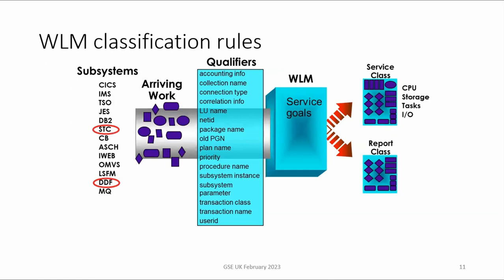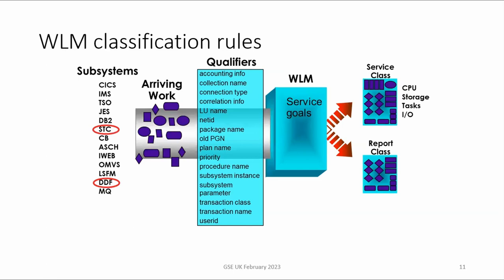So as work comes in, you can use these qualifiers. Not all of the qualifiers apply to all of the subsystem types, but most of these can be used to qualify DDF work. Once the work has had qualifiers applied, and we've identified what this particular thing should be done with, we look at the service goal, which is set up based on the qualifiers.